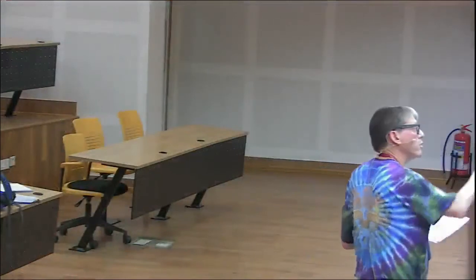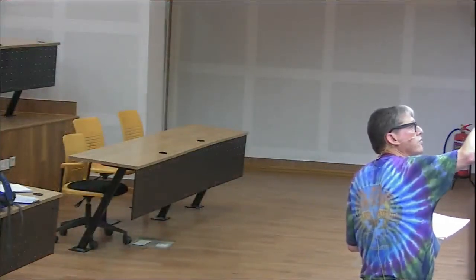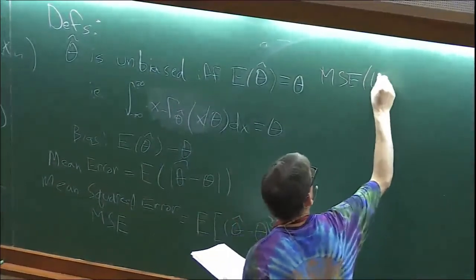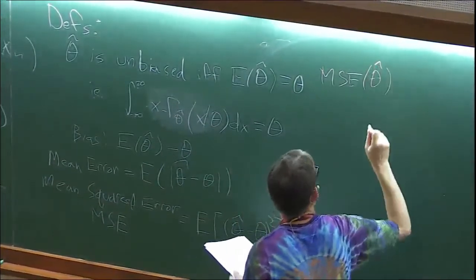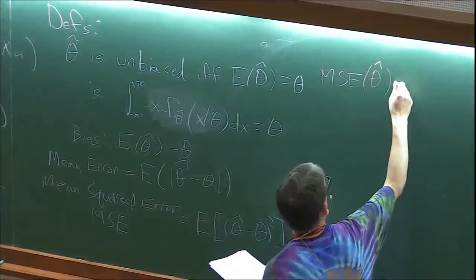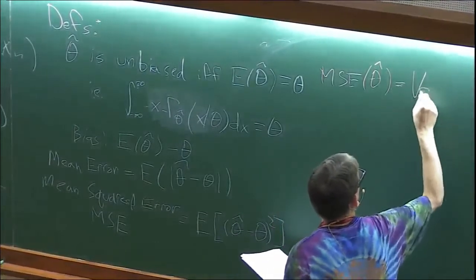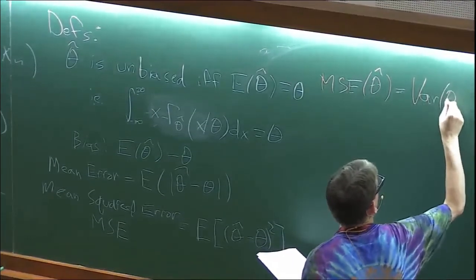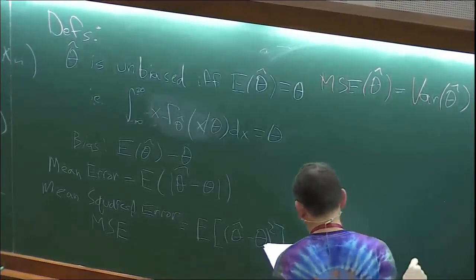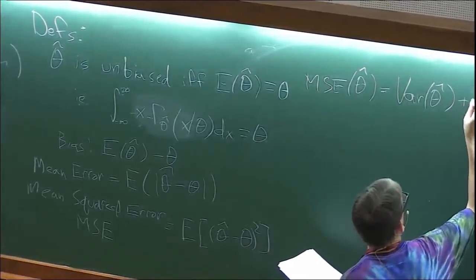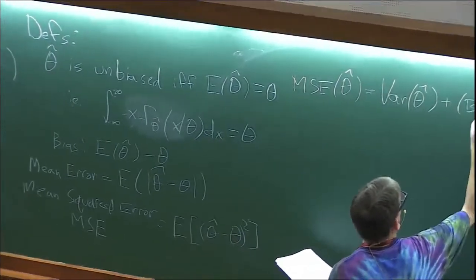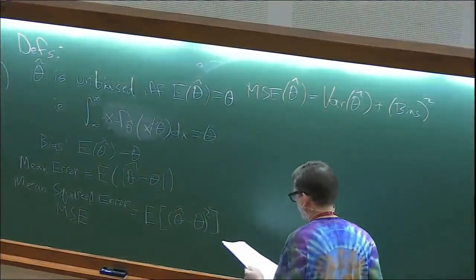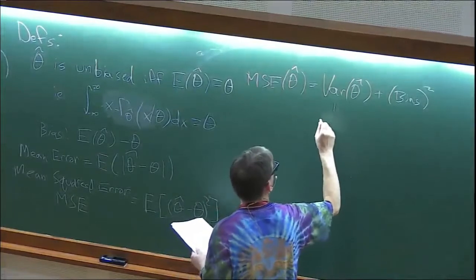It's worked out in the notes. This is an easy exercise for the student: the MSE of theta hat is equal to the variance of theta hat plus the bias squared.